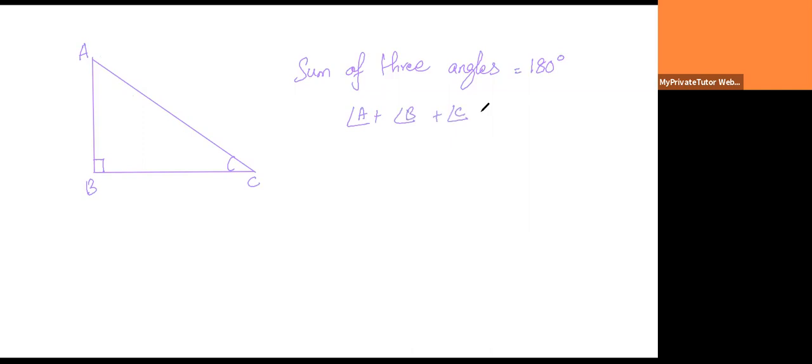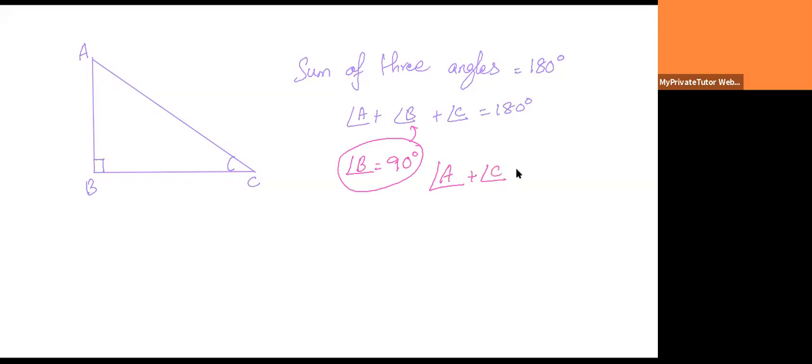I hope you are aware of this. And here, as you see, clearly angle B is a right angle, which is 90 degrees. If B alone is 90 degrees, what are A and C then?